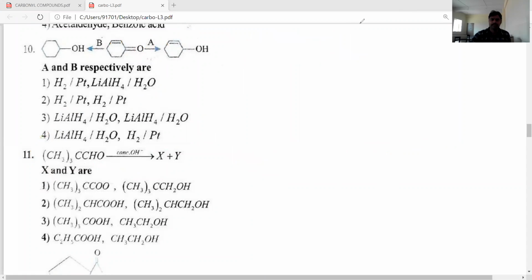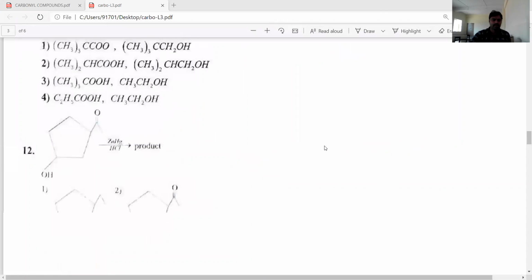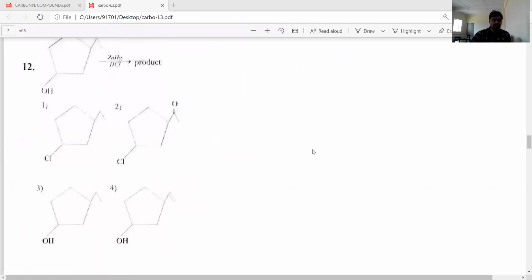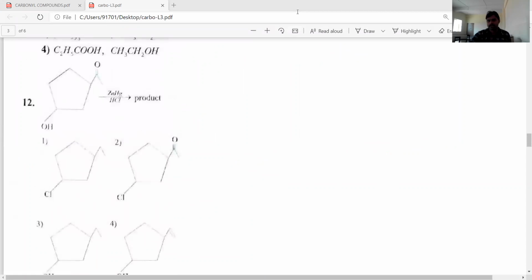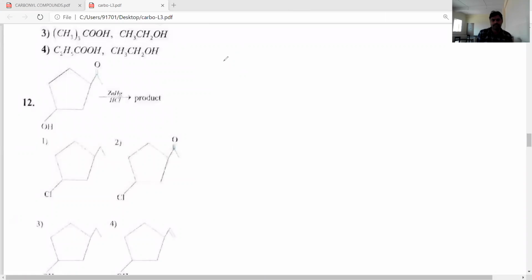Let's see the 12th question. This is very important. The 12th question is the Clemmensen reduction reaction.